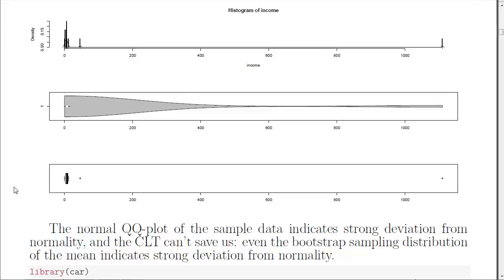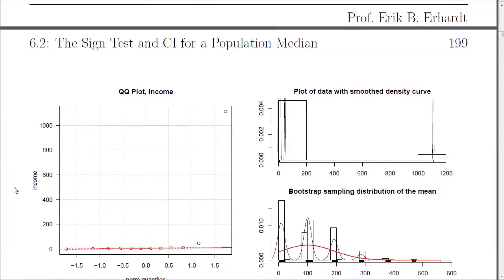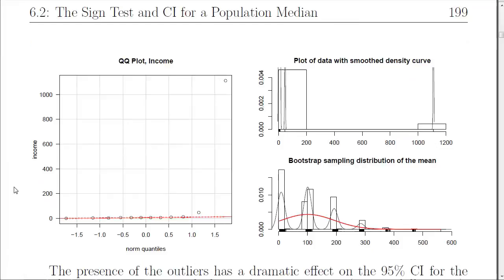If we were to test the normality assumptions of the data, first if we look at the normality of the data, we see extreme observations. On the right is the bootstrap sampling distribution of the mean, and in the bottom we're asking whether the sampling distribution looks normal or not. The obvious answer is no. Notice that we have these modes, these distinct peaks.